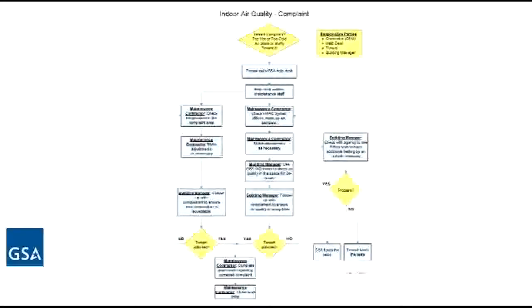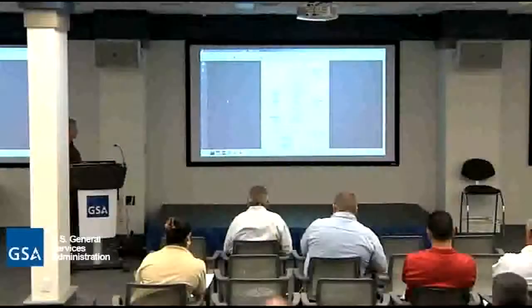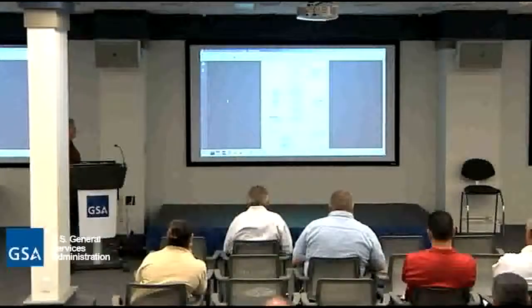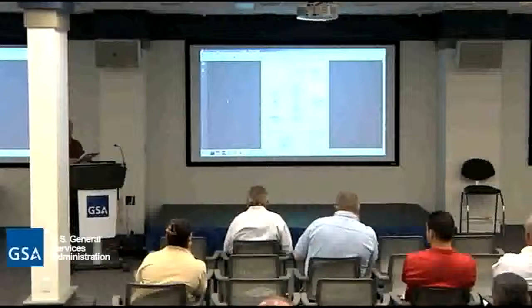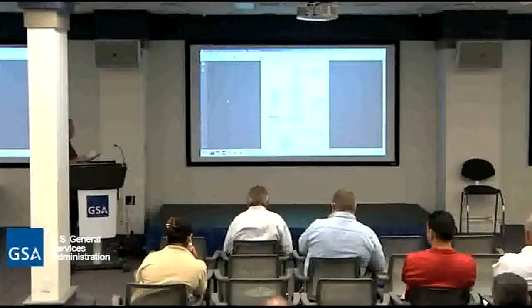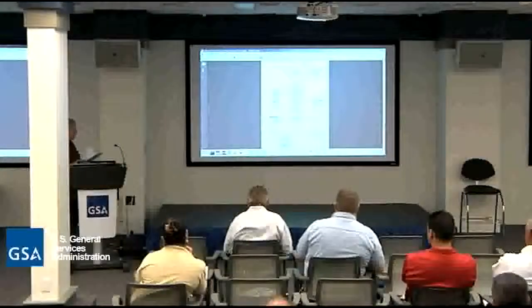We'll be contacting the maintenance contractor to go in and check on air flows in the area, try to determine what the problem is, make the corrections to take care of it, satisfy our tenant complaint on it, and report out to the building manager, COR, on the results of what you've done. Pretty simple. And that's it.